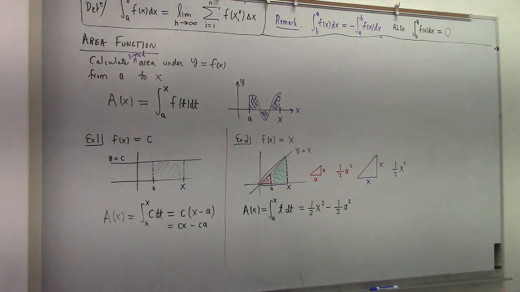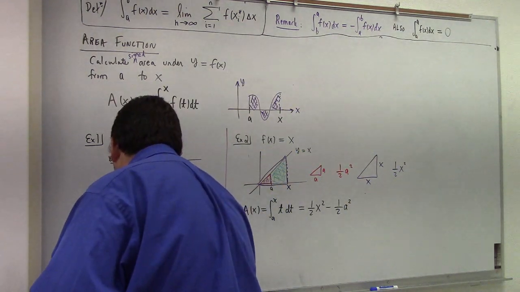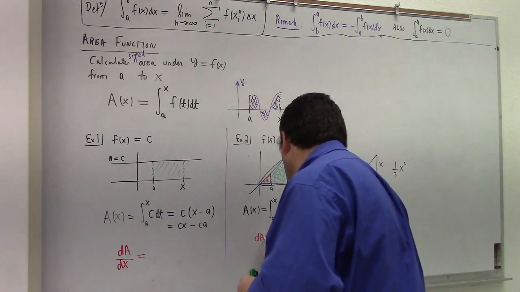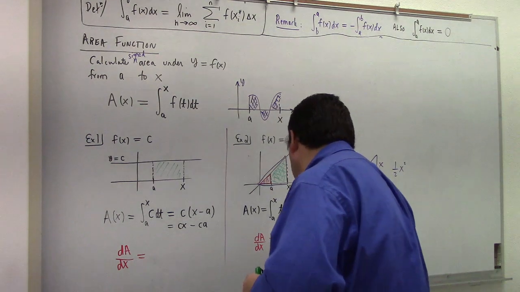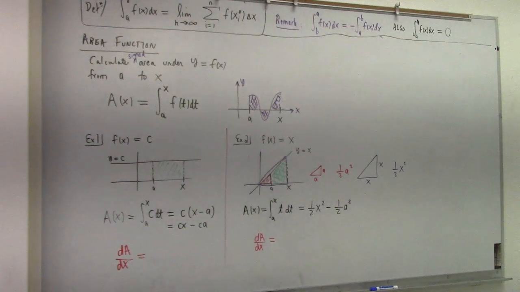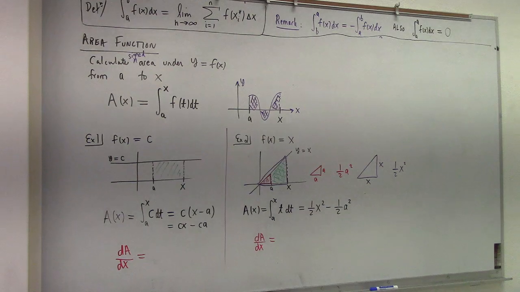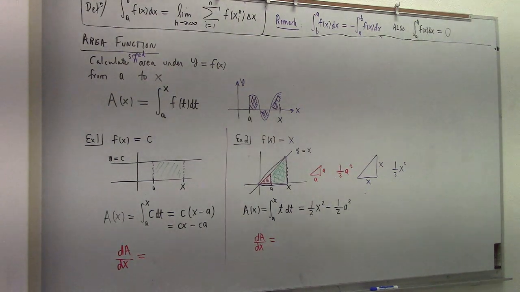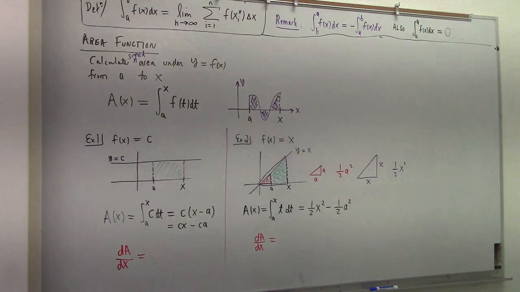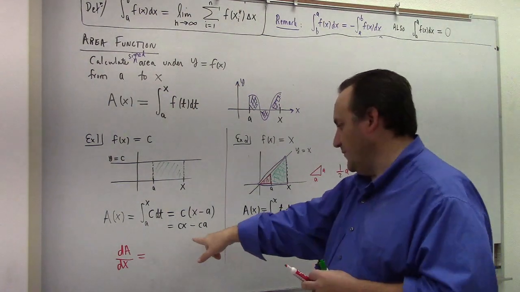All right, so question. What's dA/dx for this one? What's the derivative of the area function for this second example? If c is a constant and a is a constant, differentiating this formula with respect to x, what do you get?